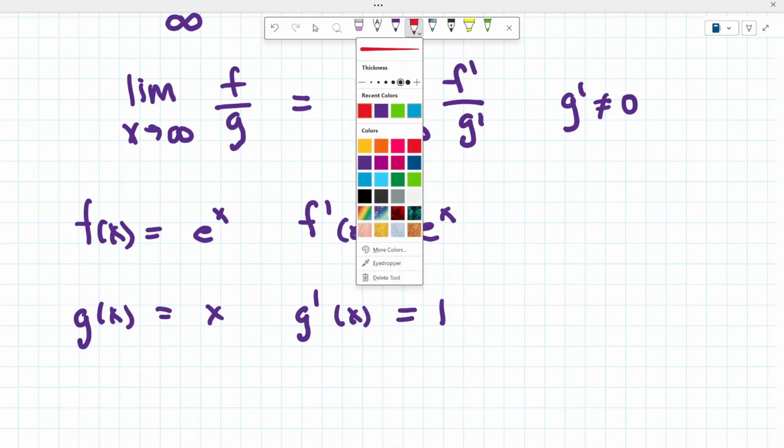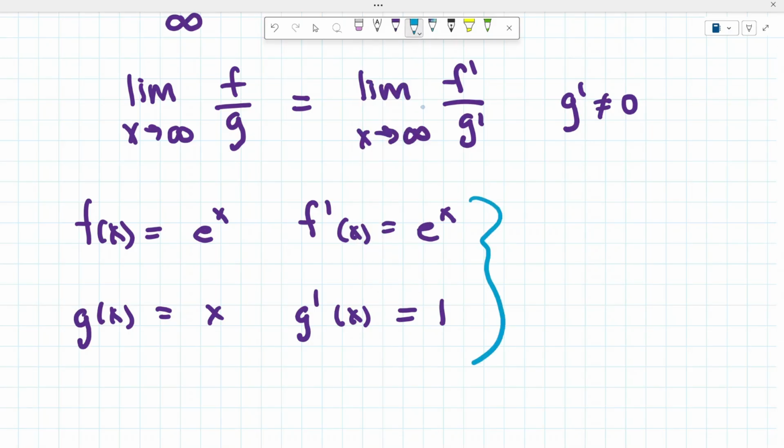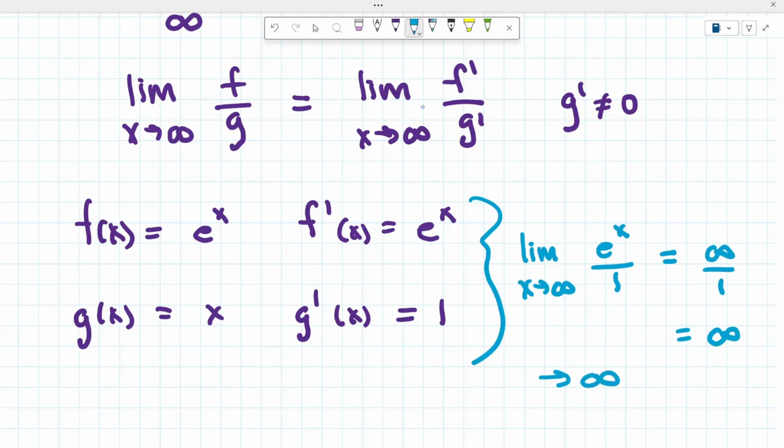We now have the limit as x approaches infinity of e to the x over 1, which equals infinity over 1, which is just infinity. So that means our limit tends towards positive infinity. So we went from having an indeterminate form of infinity over infinity to getting an answer that the limit approaches infinity, which is a valid answer for limits.